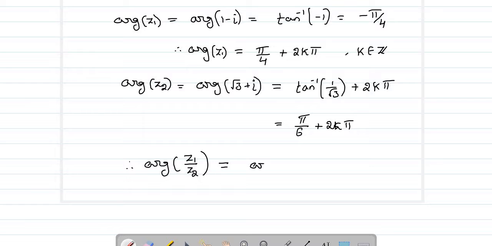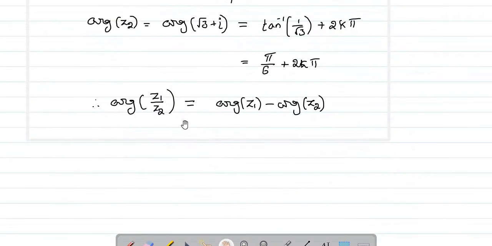I'll simply take the argument of z1 minus the argument of z2. So from this you can see this is minus pi by 4 minus pi by 6, right? Plus 2k pi.